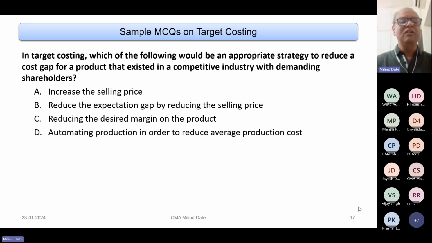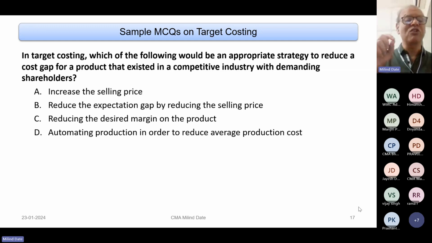In target costing, which of the following would be an appropriate strategy to reduce a cost gap for a product that existed in a competitive industry with demanding shareholders? So see how many different conditions are given. What do you want to do?